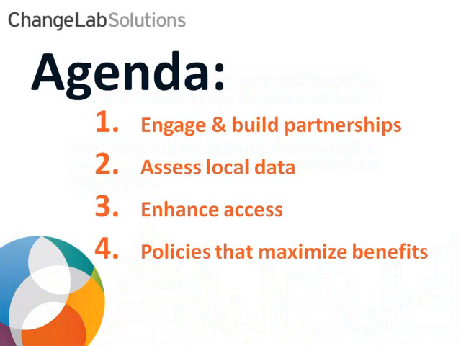Step 3 is developing and implementing strategies to enhance access. We'll learn more through a profile of the Pacific Coast Farmers Market Association and hear about resources available from the Network for a Healthy California. Step 4 is ensuring local policies like general plans and zoning maximize farmers market benefits. And of course, at each step I'll show you some key tools and resources.